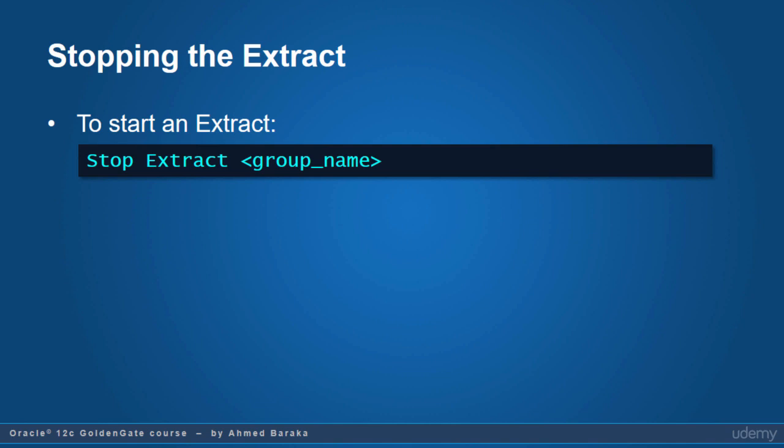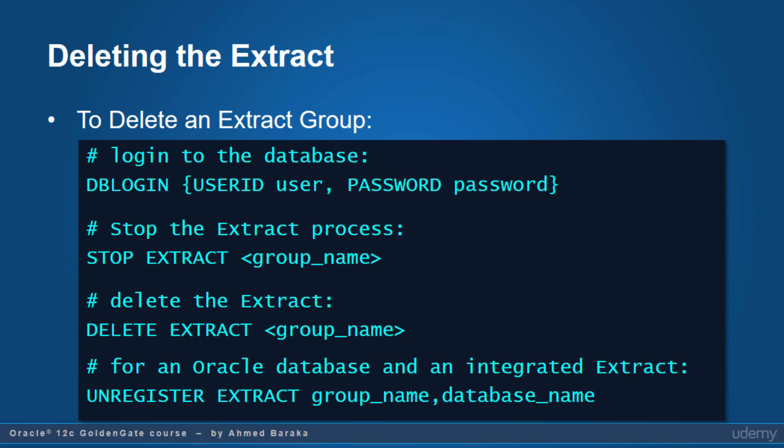To stop an extract process, simply use the command STOP EXTRACT followed by the extract group name, as shown in the slide. To delete an extract, you follow the procedure as shown in the slide.